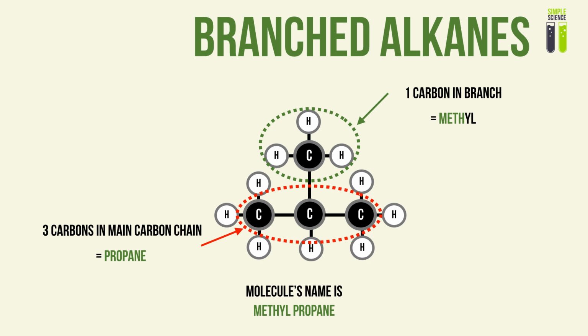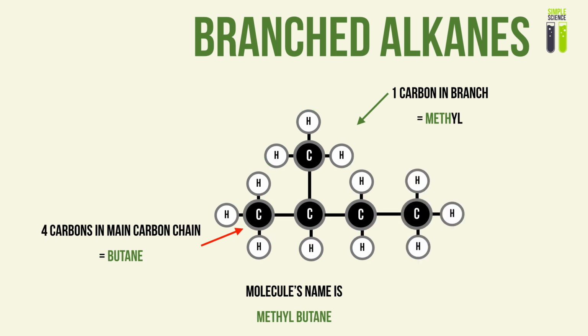So we end up with a molecule called methyl propane. And similarly, we have a situation where there's also a branch of 1 carbon atom, but we have 4 carbon atoms in the main carbon chain. The main carbon chain's name would be butane, and the molecule's name combined is methyl butane.